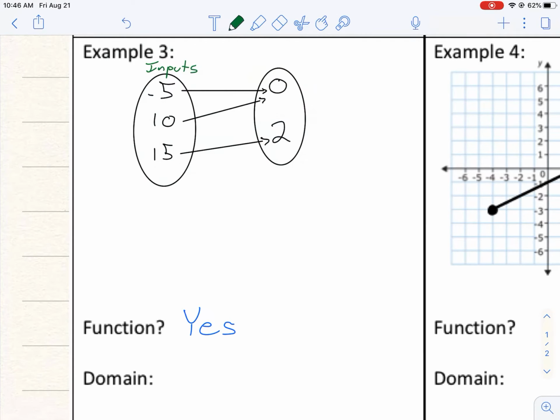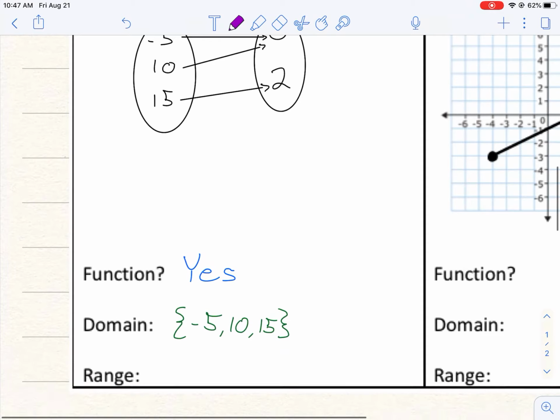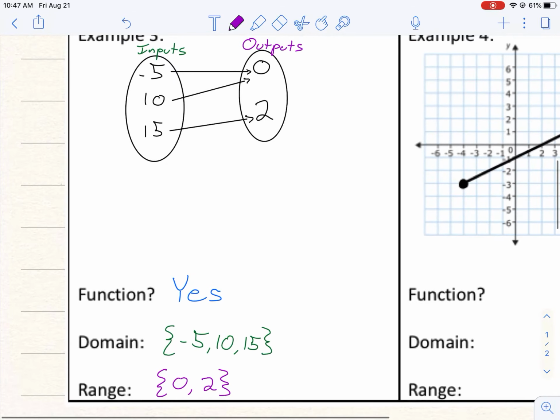So my domain is listing out my inputs, my x values. So -5, 10, 15. And my range is my outputs, or my y's, which here is 0, 2. Now this one's nice because it already had it in order for us.